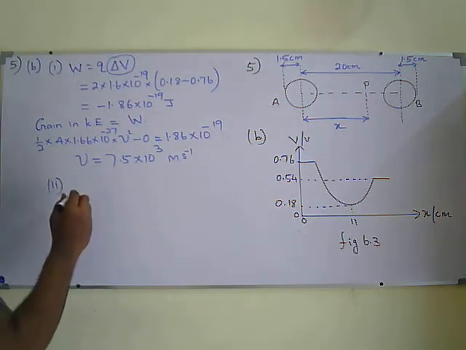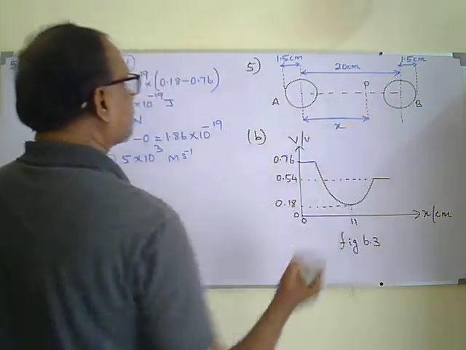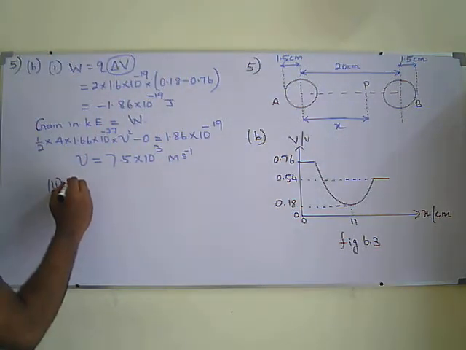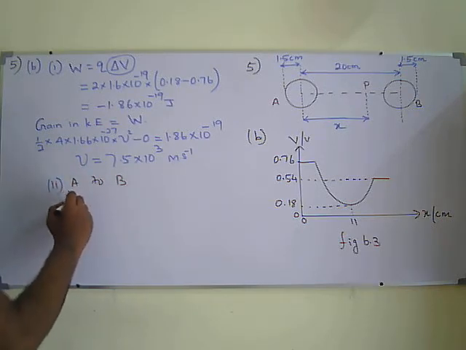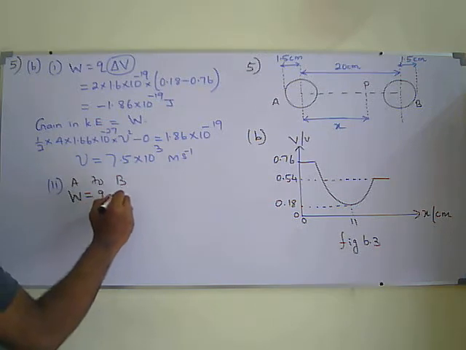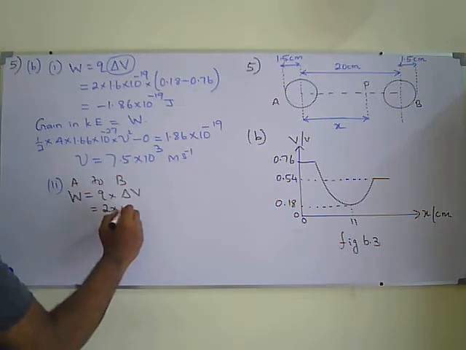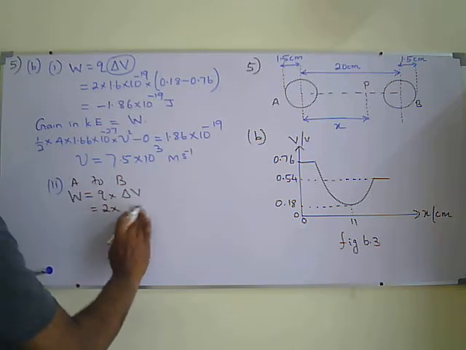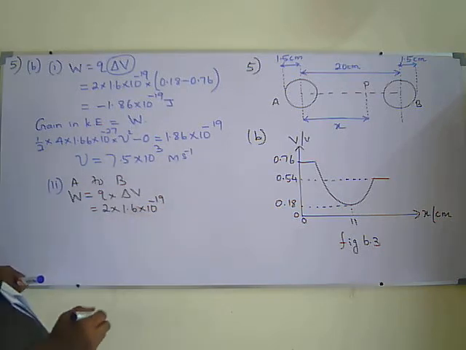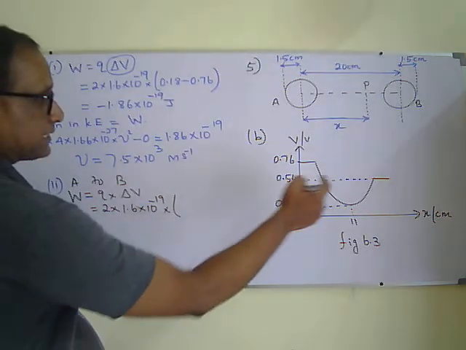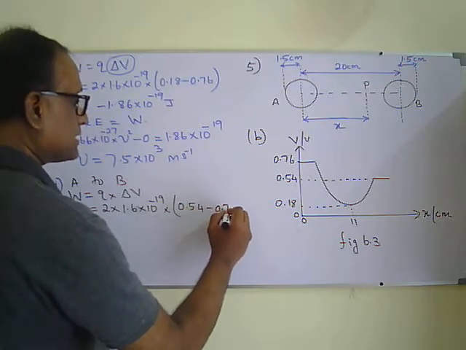Okay, so I consider the points from the surface of A to the surface of B, right? So their work done is equal to Q times delta V. So Q is 2 × 1.6 × 10^-19 times the potential, 0.54 minus 0.76.